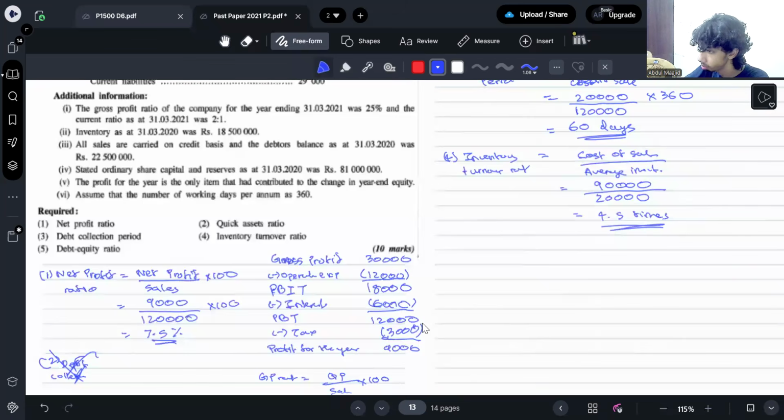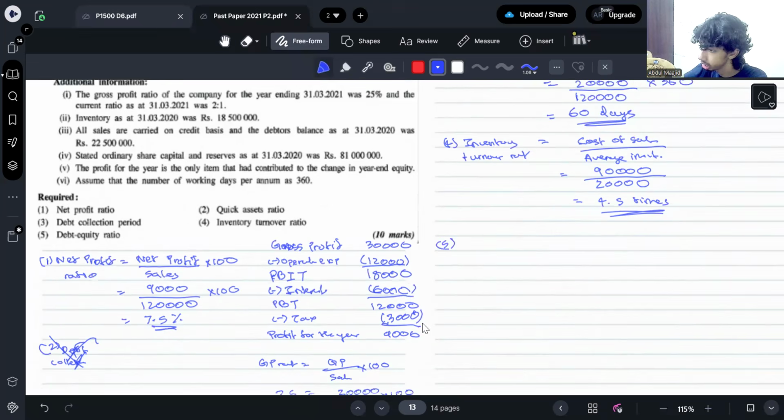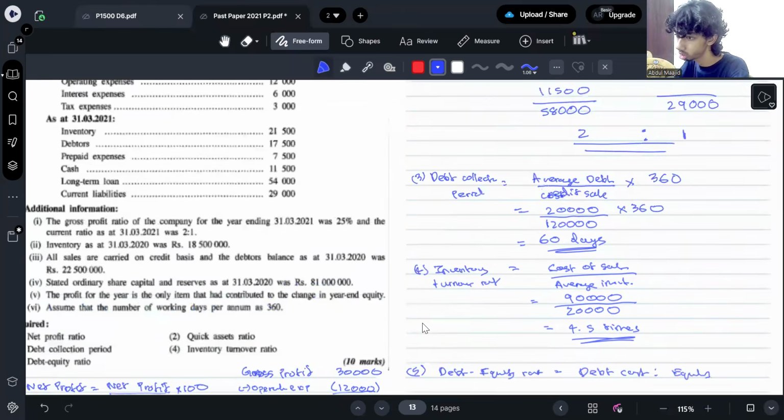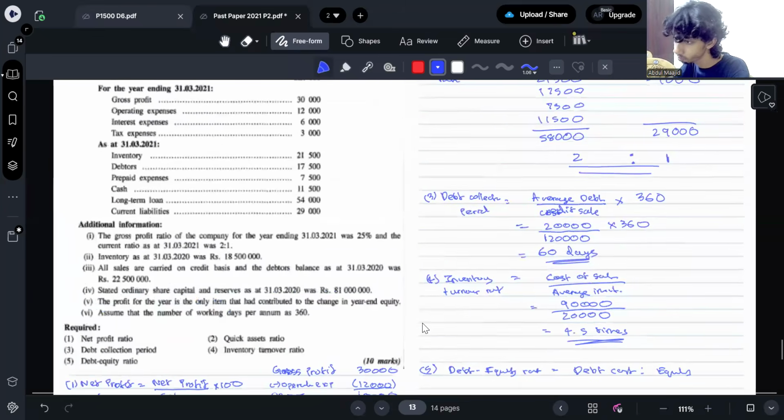Then the fifth one, debt to equity ratio. So debt to equity ratio equals debt capital is to equity capital. You can show it this way also. So how much is the equity capital?